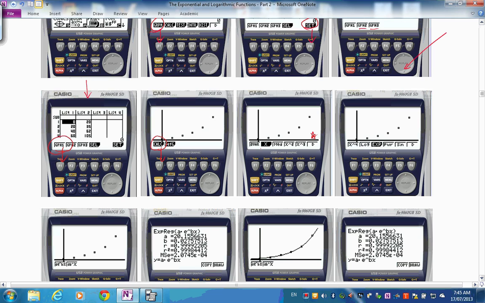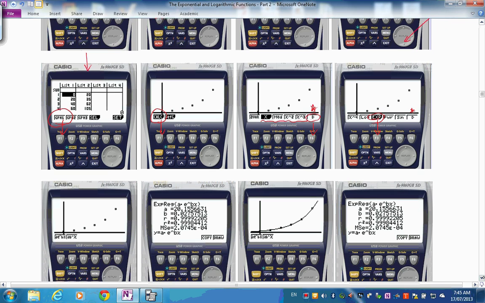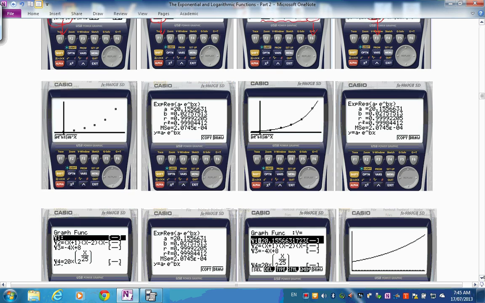Well, none of these listed under here are suitable. We think this is exponential, let's say. So we want to choose the next window. So you hit F6 and we get some more options here. And obviously exponential is what we think it is. So we'll hit F3, and when you hit F3 it'll fit an exponential.